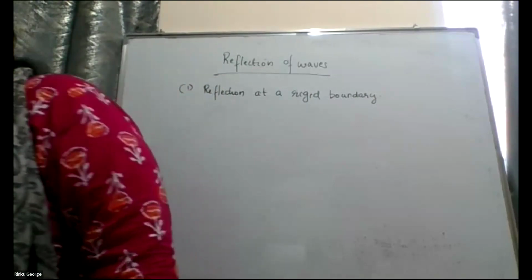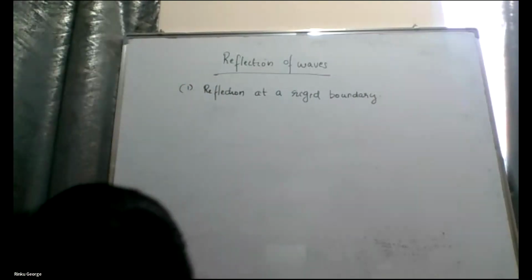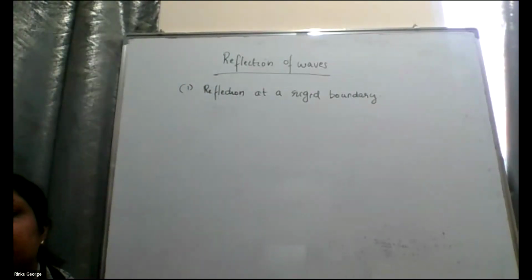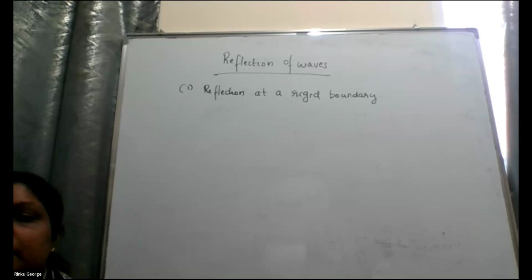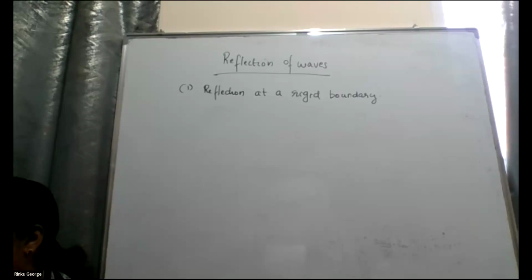So when a wave is reflected at a rigid boundary, there will be a phase difference of pi.